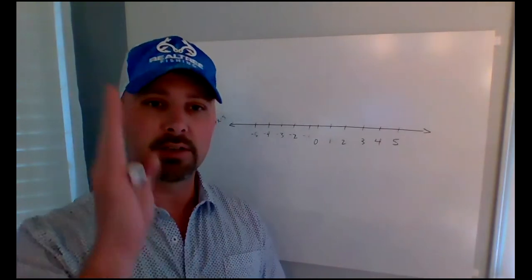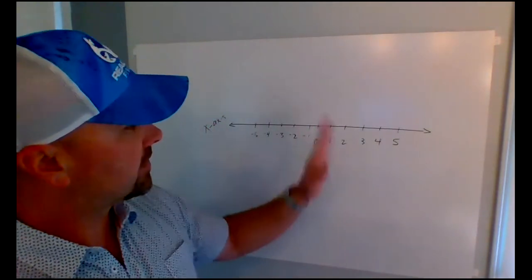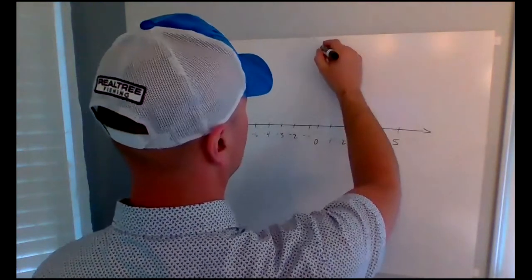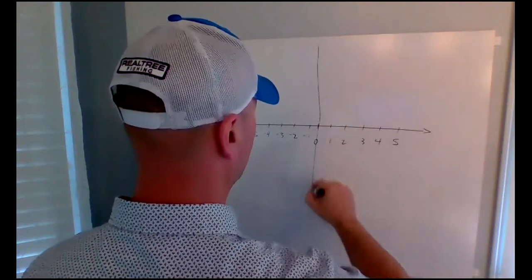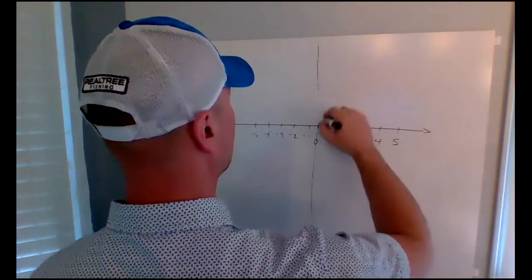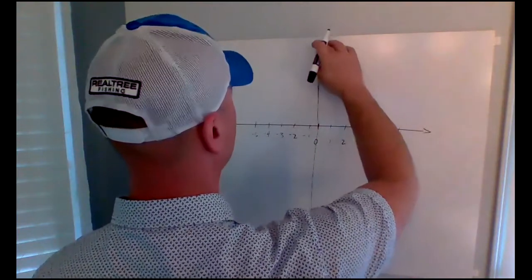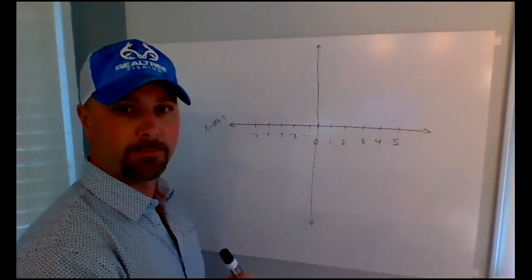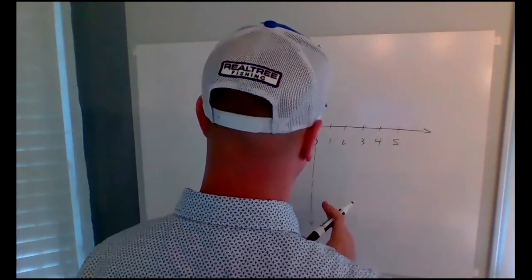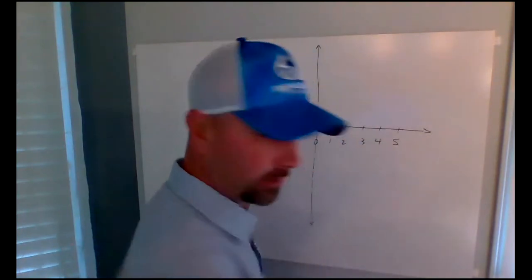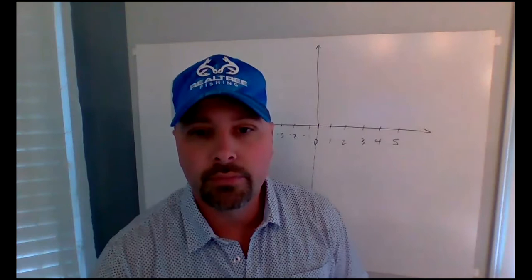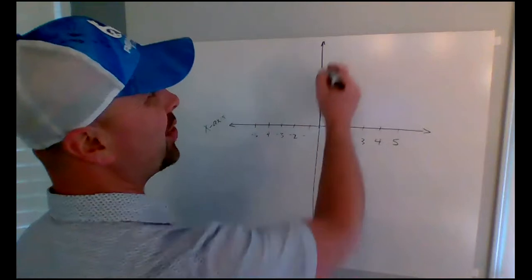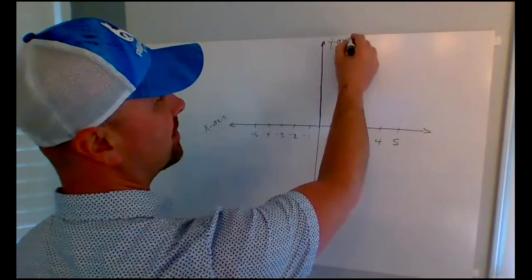The second number line is vertical, and it goes through the center of the x-axis. Okay, let's see if I can draw that. Okay, not really. Oh, geez. Okay, good enough. That's ugly. All right, so let's take a look at that number line. That is called the y-axis.